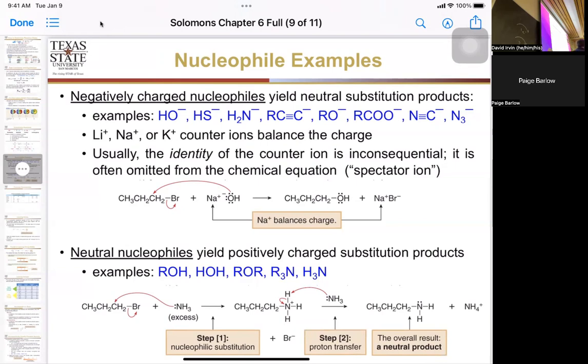We don't have that counterbalancing charge yet, but now our nucleophile can also act as a base and deprotonate this to give us our neutral product. So anytime you have a neutral nucleophile, you have either a positively charged substrate or you have a second step to remove a proton.